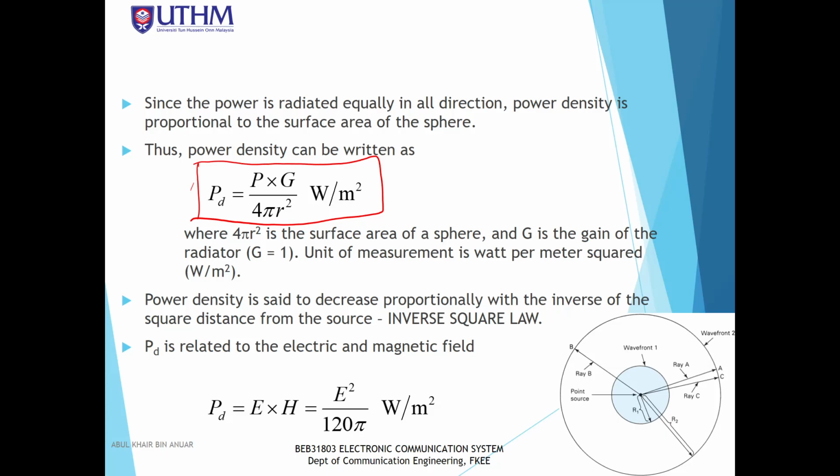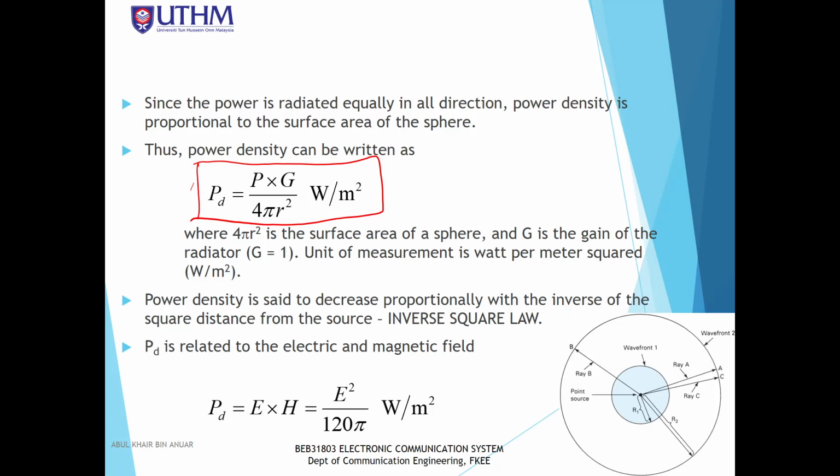So the area, luas kawasan yang dimaksudkan di sini adalah luas kawasan berbentuk spherical. The area that we mean in this topic is the area in a spherical shape. Kalau kamu masih ingat belajar mathematics, the surface area of a sphere is equal to 4 pi r square.